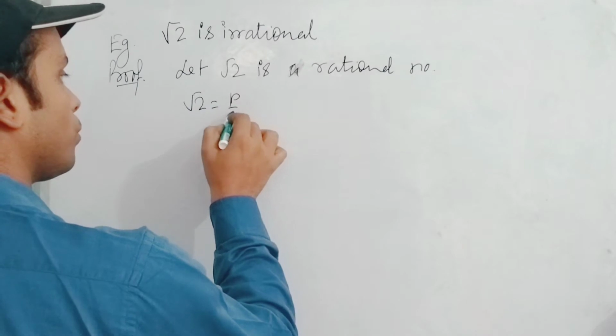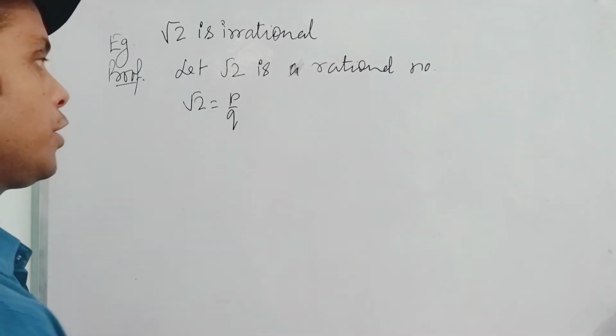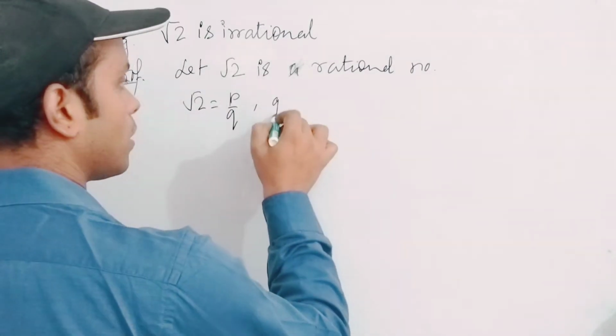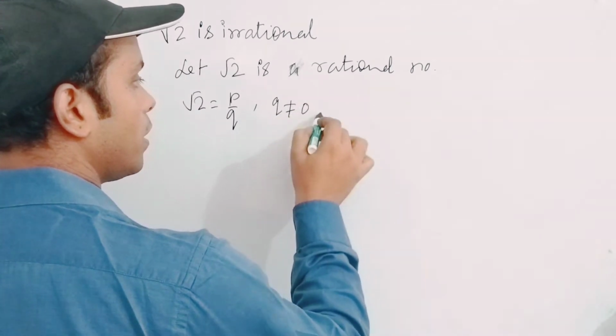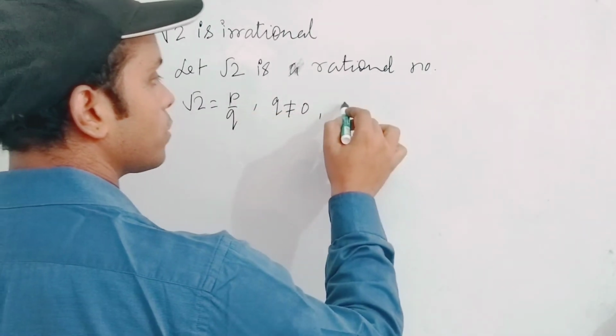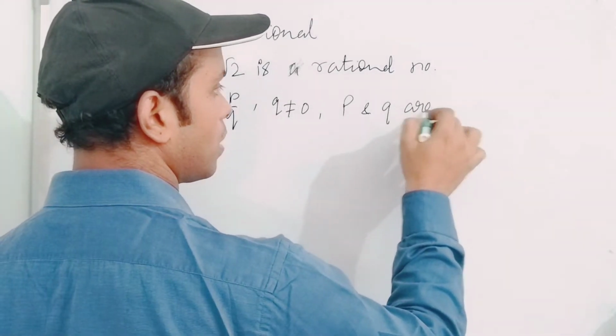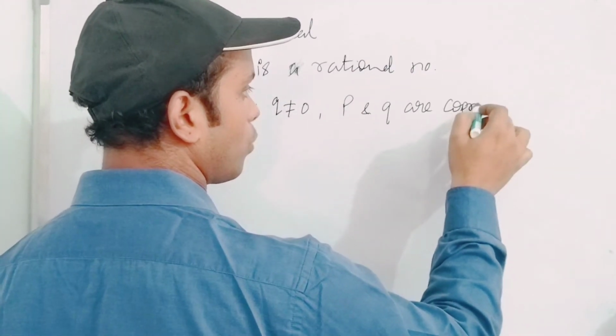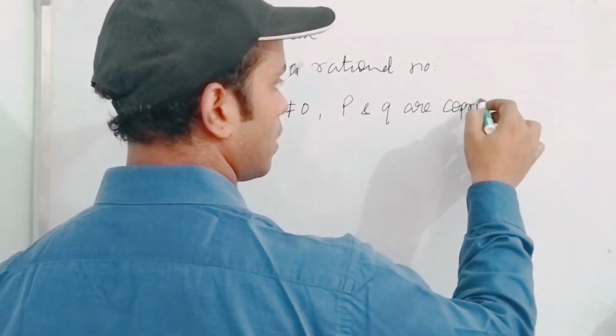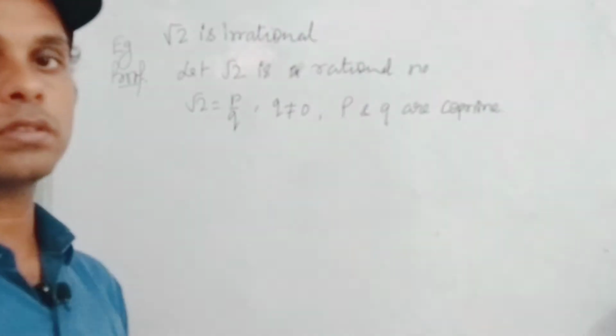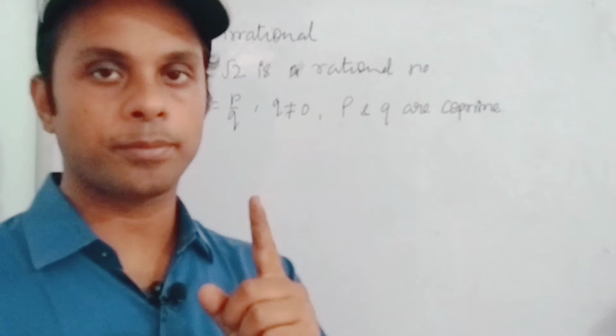So we can write root 2 equals p by q, where q is not equal to 0 and p and q are co-prime. Co-prime means they have only one common factor, 1.